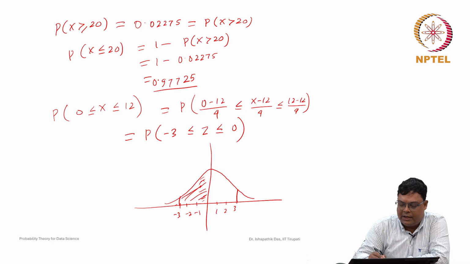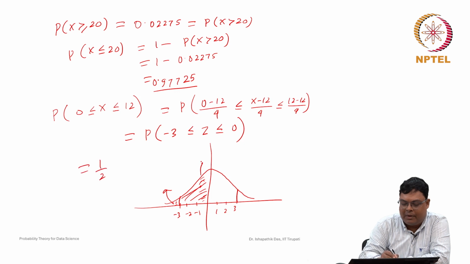We can find this probability from the table. Because the total probability on one side is half, this is nothing but 0.5 minus the probability that z is less than or equal to minus 3.